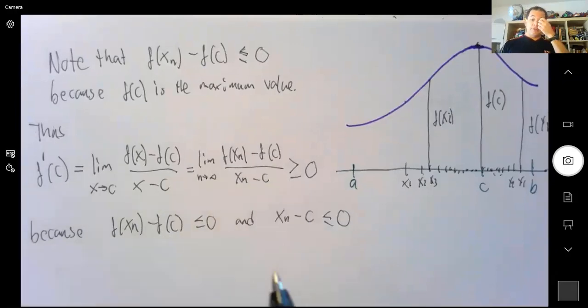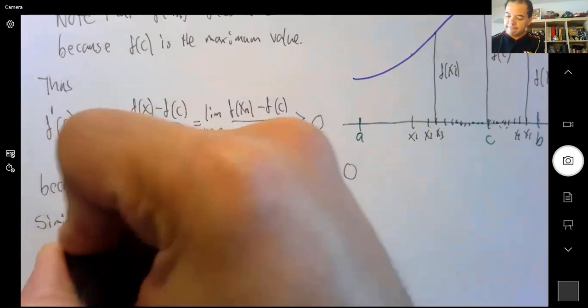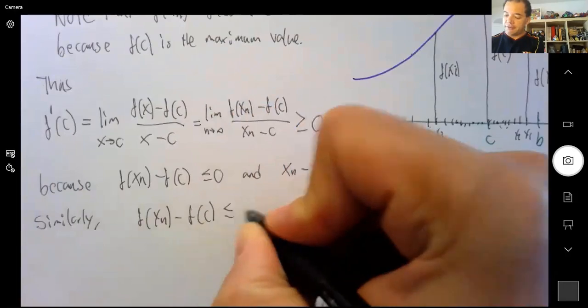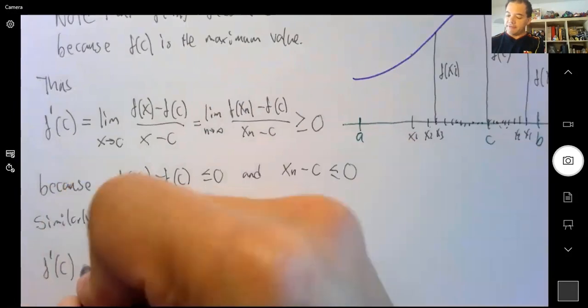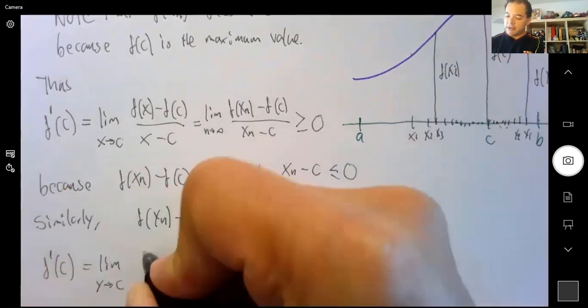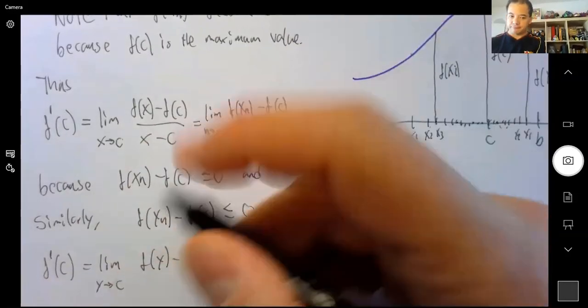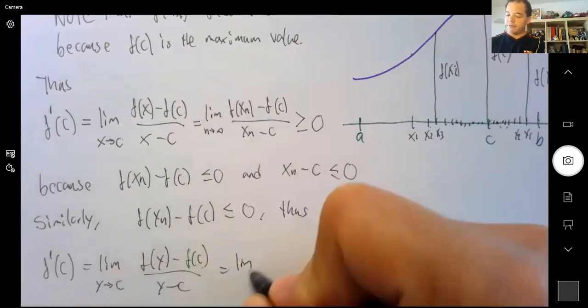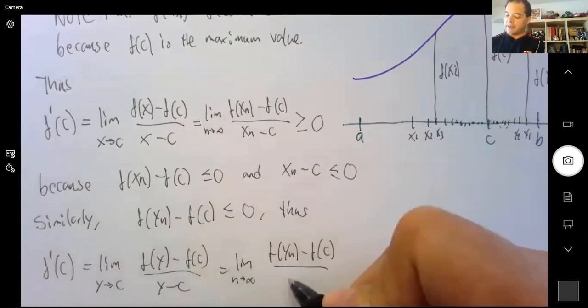And then all I need to do is repeat this argument, but now with the y's. So similarly, f of yn minus f of c is also less than or equal to 0. And thus, if I look at the derivative, this time I'm going to use y. So the limit when n goes to infinity of f of yn minus f of c over yn minus c.